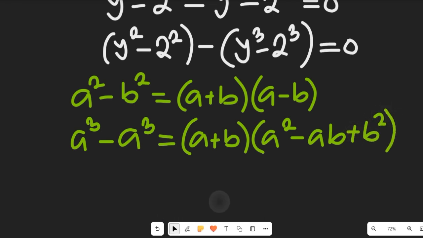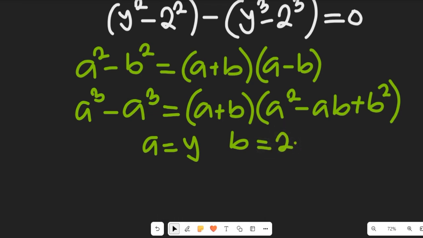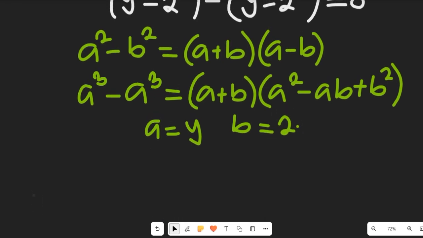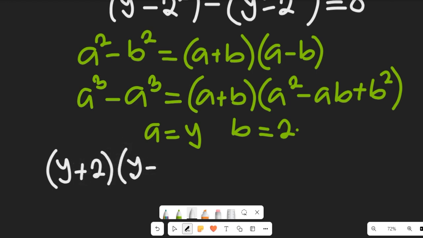So from all this expression, you come to see that a is simply y, and then b is simply 2, right? So we're going to apply that into those two expressions. For the square part, we have y plus 2, which comes first, and then we'll have y minus 2, which comes second, and this will be minus.